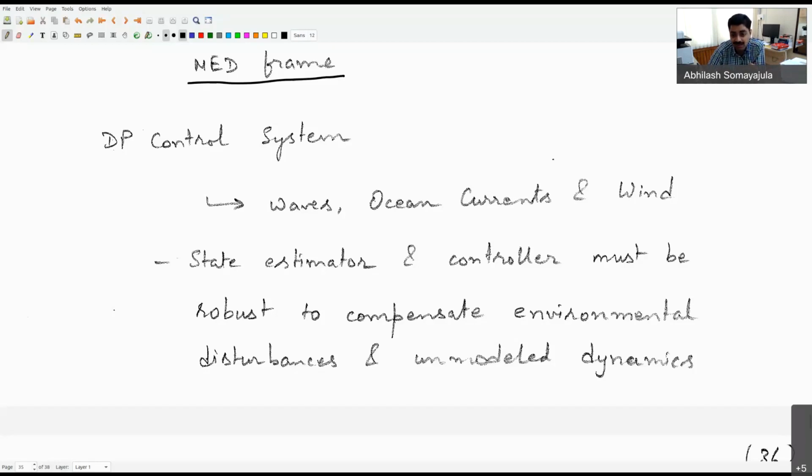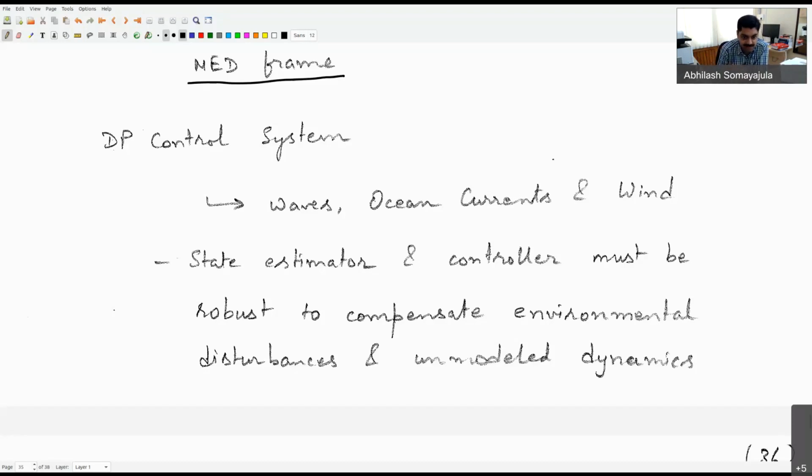So we need some sort of state estimation or filter: whatever our sensors are measuring, we need to filter out the wave frequency component, and then apply our control logic only to the low frequency part. So only the filtered motion should pass through our feedback. The actual first order wave disturbance should not pass through our feedback.